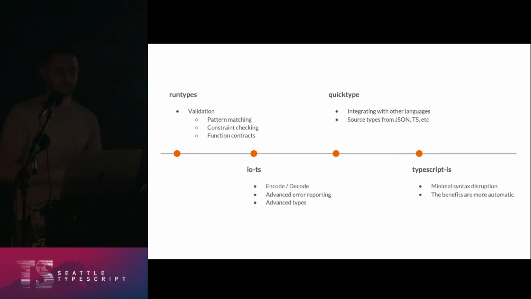You're not going to have to change much of your code, mostly just replacing your type predicate functions. The benefits are more automatic than in the other cases. From what I've studied, I think I would go with that one for what we need right now.